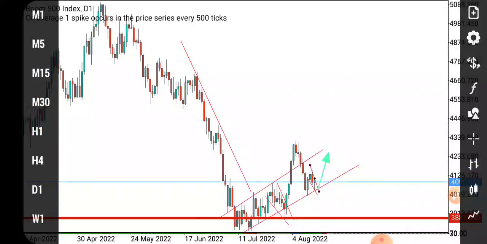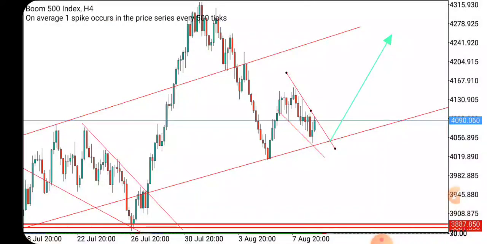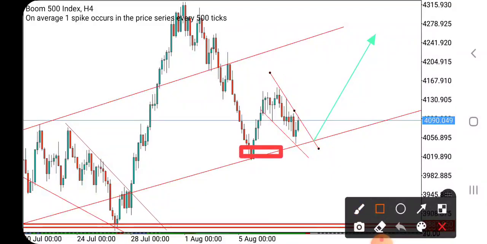If I change to the 4 hour time frame, you are going to see clearly we had our W pattern already. So there are two ways to take this trade now. I'm going to be waiting for a breakout from this channel, a descending channel right there, or descending wedge, I call it widget, anyway, any of them.